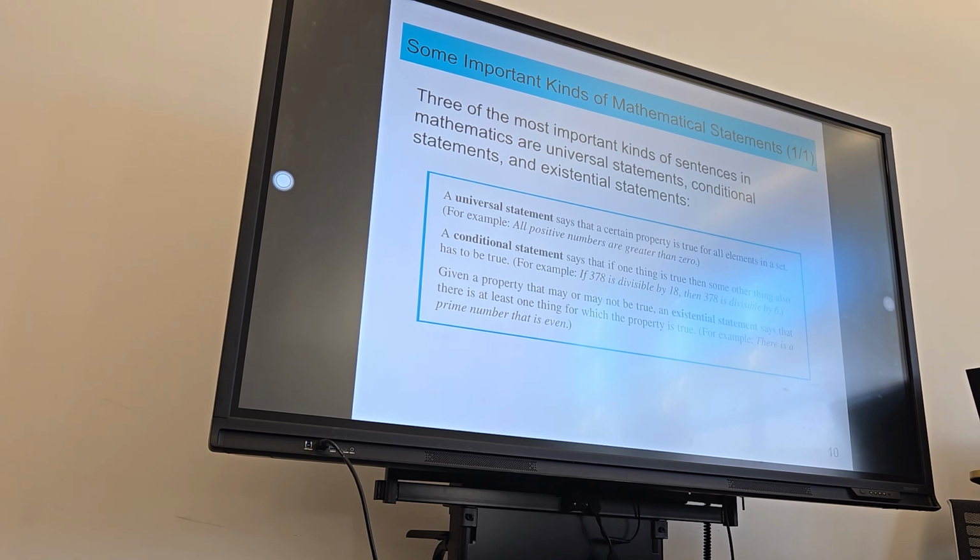A conditional statement says if one thing is true, then some other thing also has to be true. Like if a number is divisible by 4, then it's divisible by 2. If one condition is true, then the other.